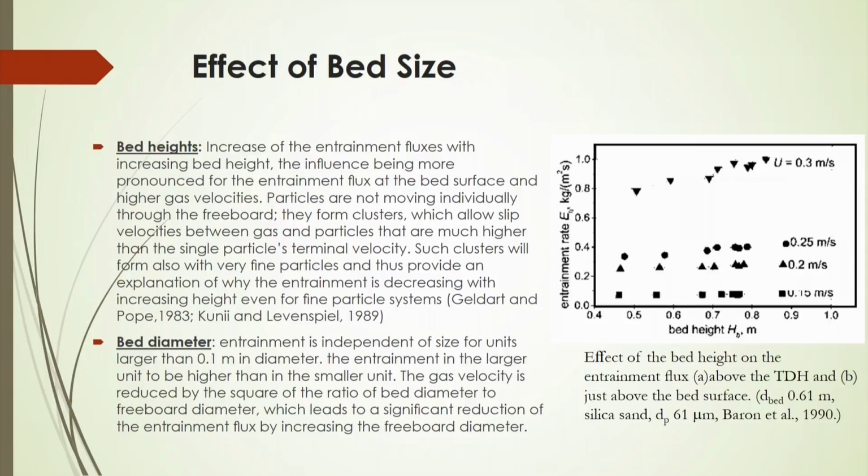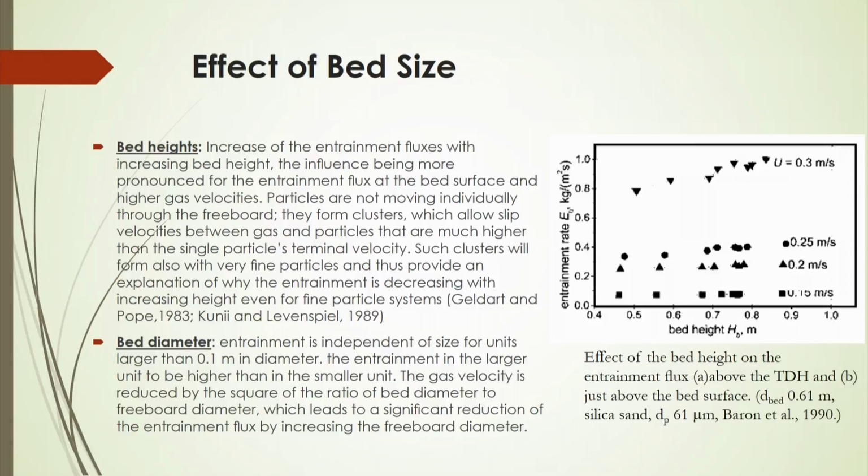Bed diameter: of course, you will see that the entrainment is independent of size for units larger than 10 centimeters in diameter, and the entrainment in the larger units of the bed will be different from the smaller unit, because in the larger diameter there will be internal circulation of the solid particles.